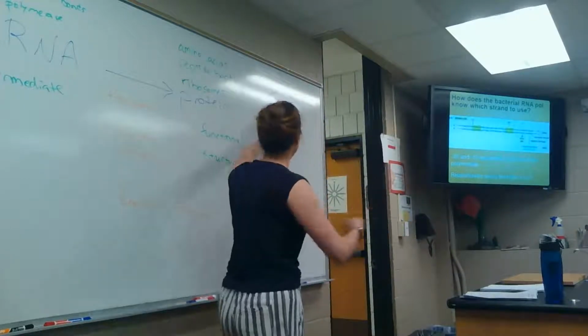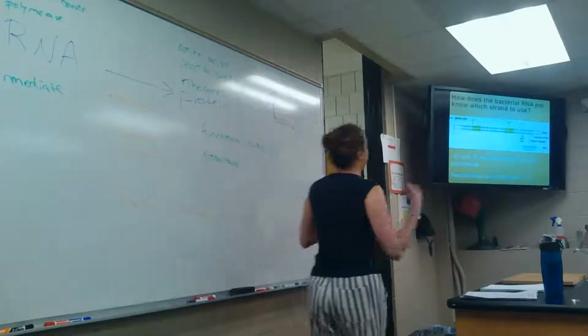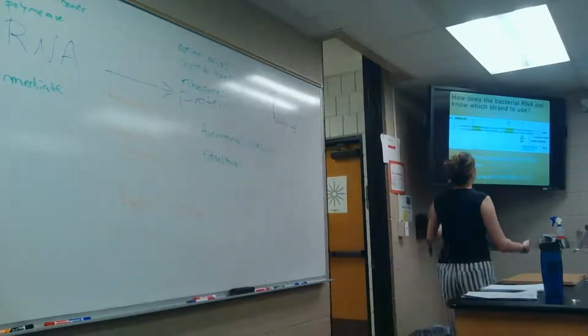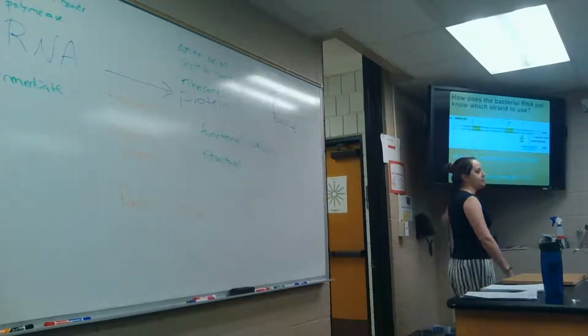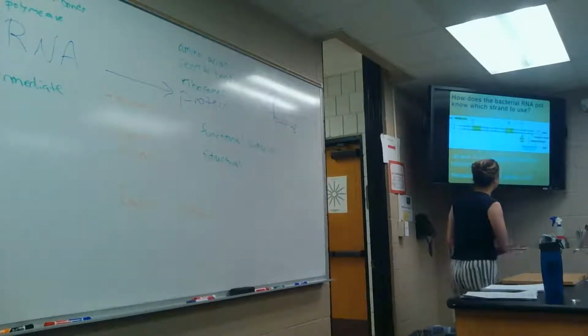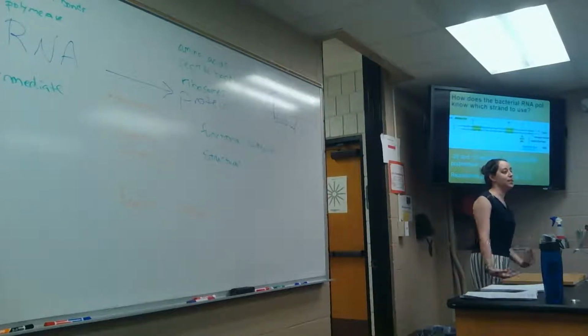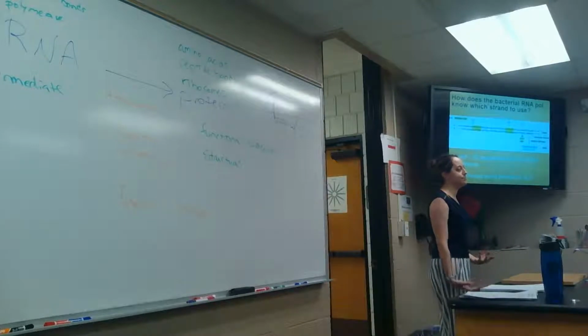And within this promoter sequence for bacteria, it's called the -10 and -35 sequence. So these are just numbers with positions of nucleotides. And they have particular sequences which the sigma factor protein can recognize.